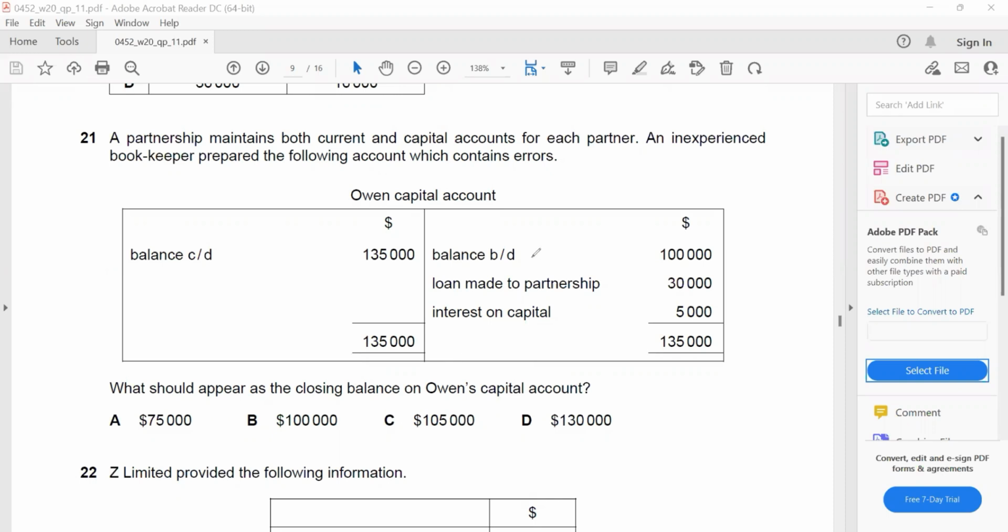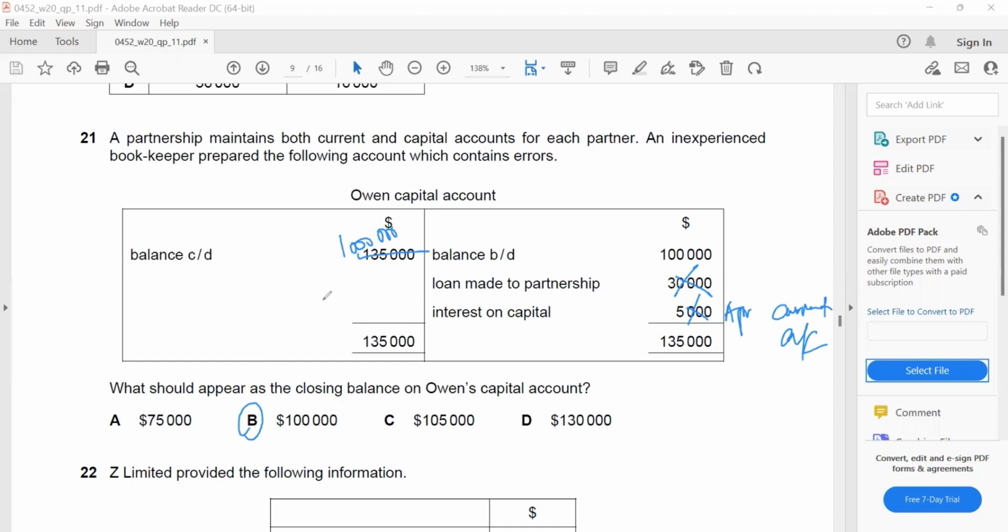Loan made to, this one should go to the loan account, not under capital. This one should go to the appropriation account under the current account, transfer to the current account. So these two should not appear. In this case, these two are wrong, then this amount should be 100,000.